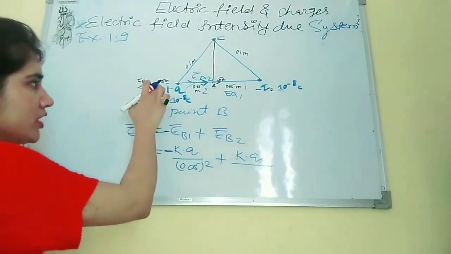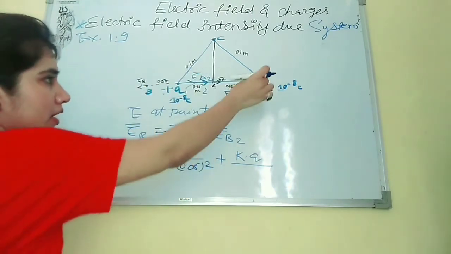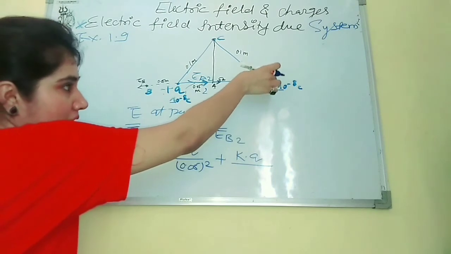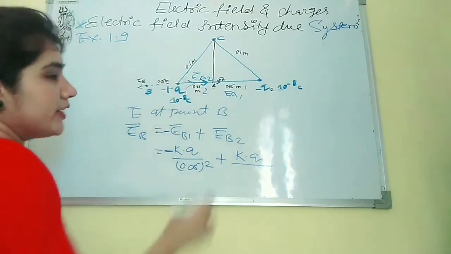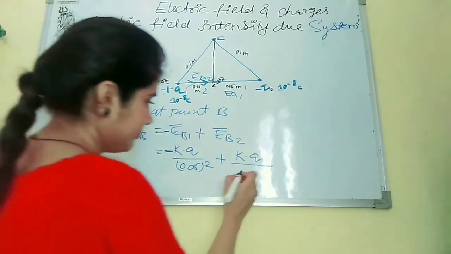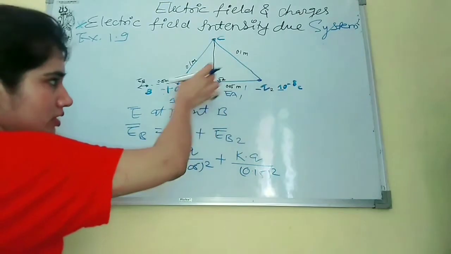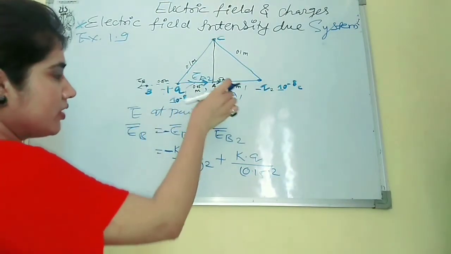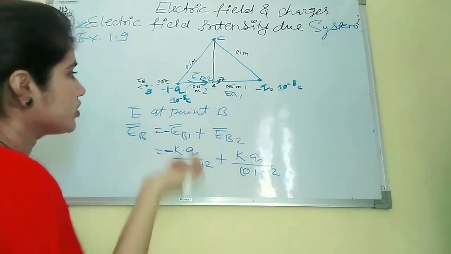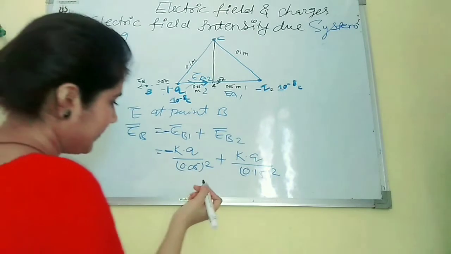From this point, the distance is 0.05 plus 0.05 plus 0.05, because we are taking this charge, so we have to measure from this charge to this point. We will simply add all the distances, that is 0.15 square.